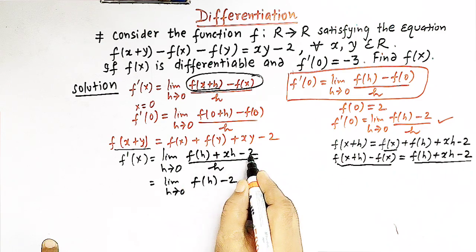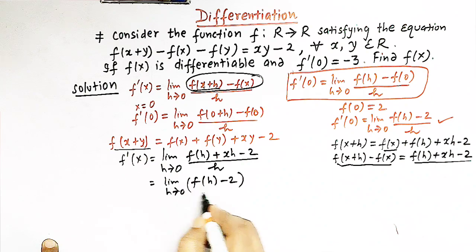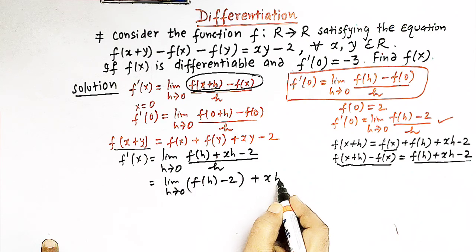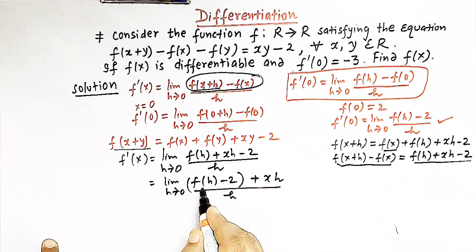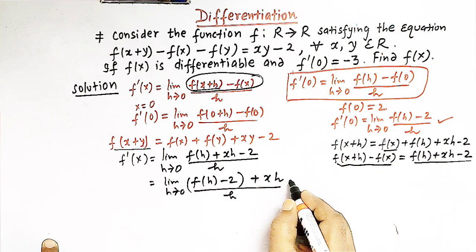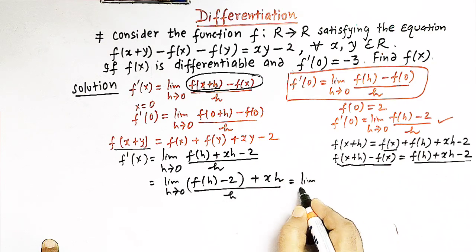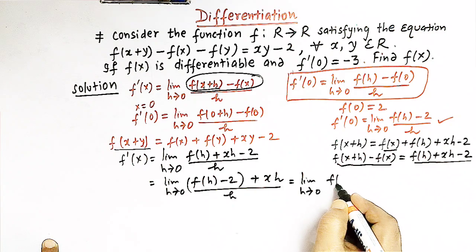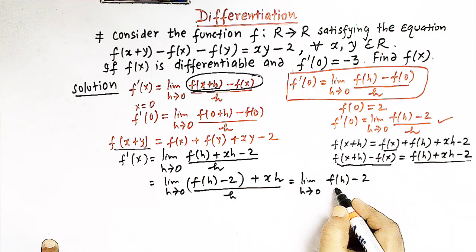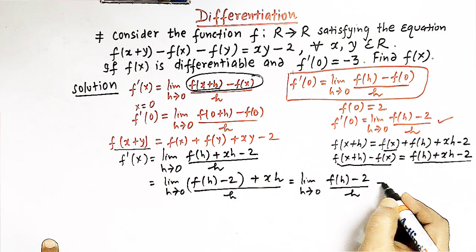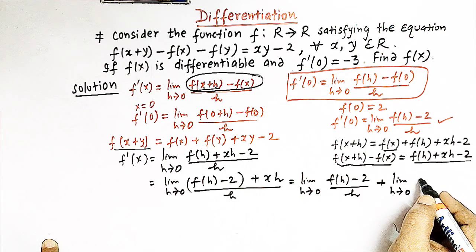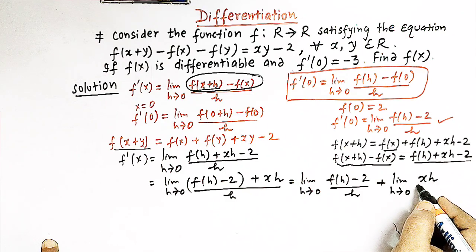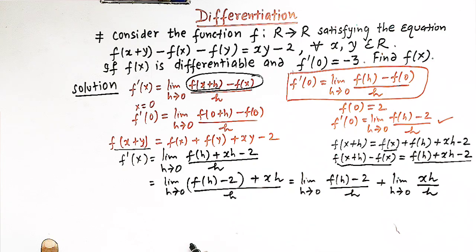So we can combine these two terms, and here we have xh. Now distributing this h over this term and this term, we have limit h tends to 0, f of h minus 2 over h, plus limit h tends to 0, and we have xh over h, right?